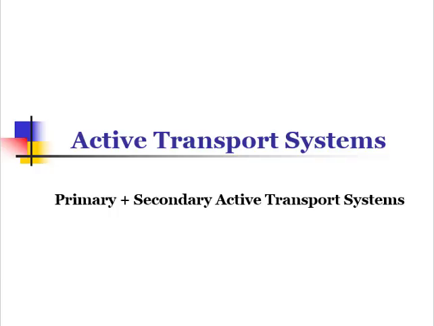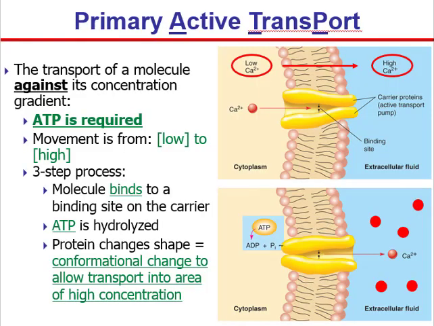Now, if we switch gears to an active process, active transport systems include primary and secondary active transport. This is the transport of a molecule against its concentration gradient, and this is going to require ATP as an energy source to do this kind of uphill work.